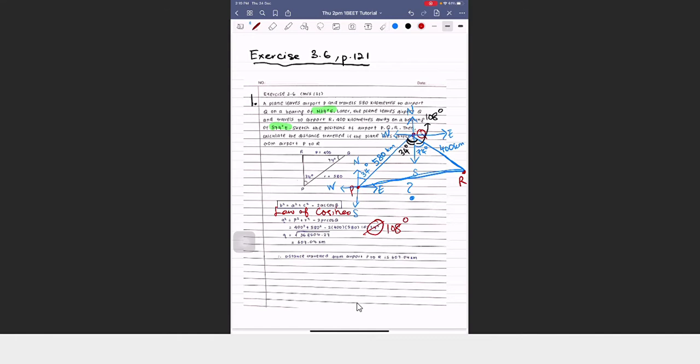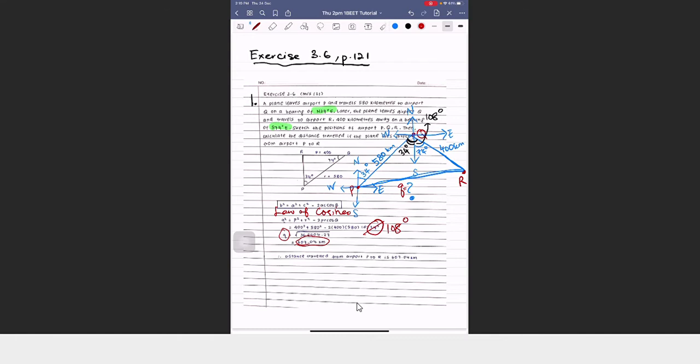If I'm referring to your Q, that means this is the Q, and this is the length of PR. So if you use this 108 degrees for cosine, I suppose you will get a different answer.